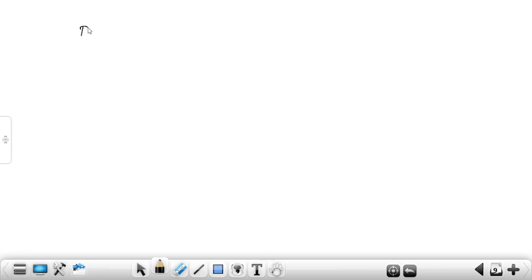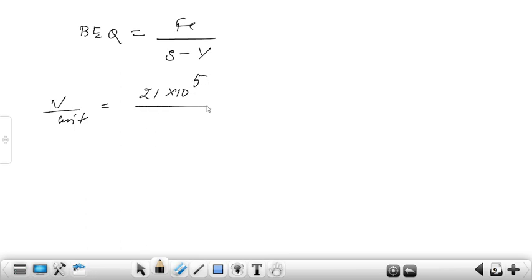We know the break-even quantity equals fixed cost divided by selling price per unit minus variable cost per unit. The given variable cost is 21 lakh, that is 21 into 10 to the power 5, and for 1500 products, we get the cost per unit.